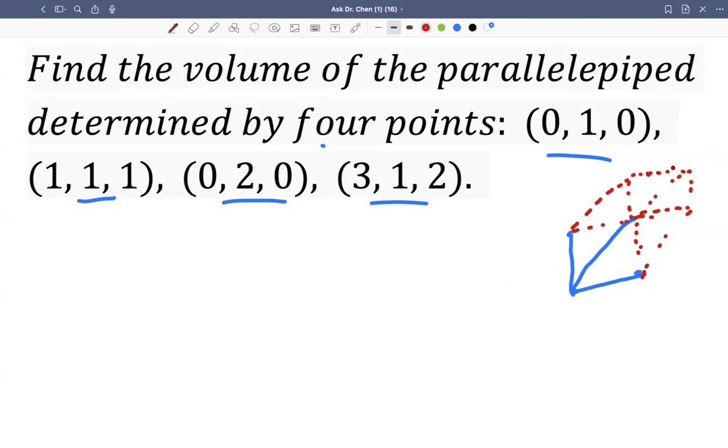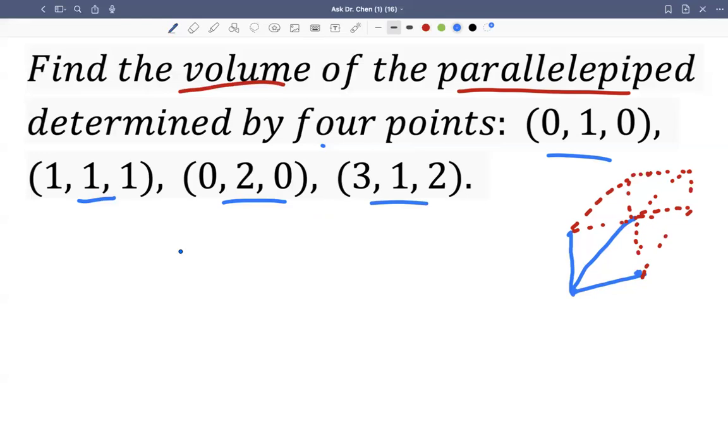So they form 3 vectors, not coplanar, spanning a 3-dimensional object, which we call a parallelepiped. So how do we find the volume of that? That's the idea of the determinant.